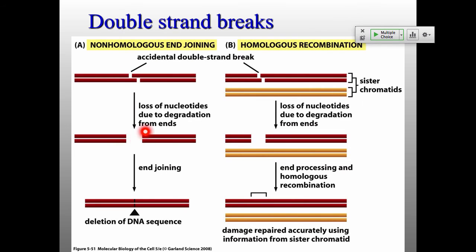Then you end up with blunt ends. They get put back together. Now, what happens? Any kind of exonuclease here is going to get rid of those bases. So if there was any important genetic information there, it's now gone. So quick, yes. Dirty and potentially problematic if that happens to be an important sequence right in there.